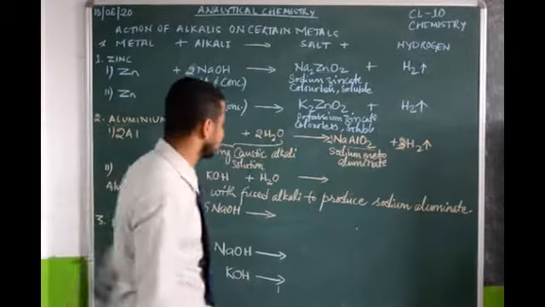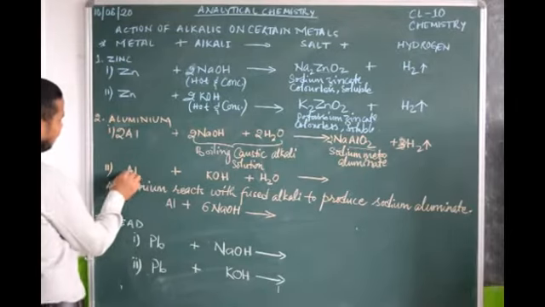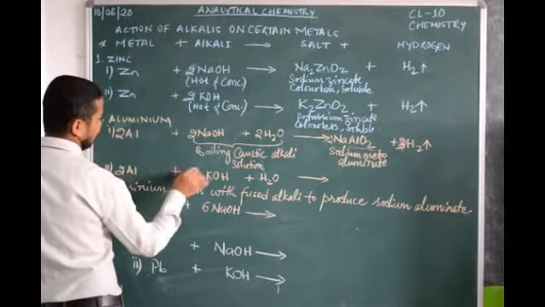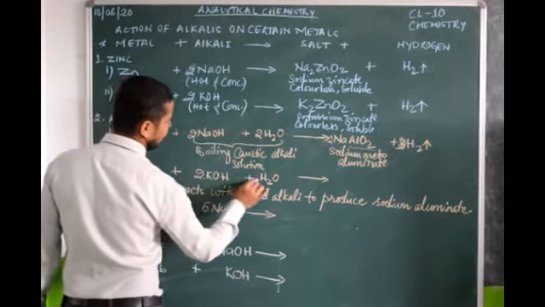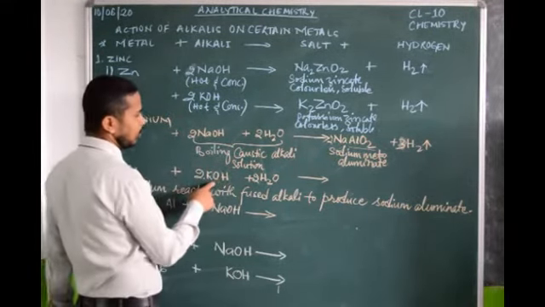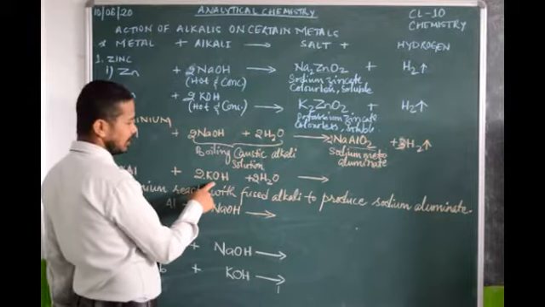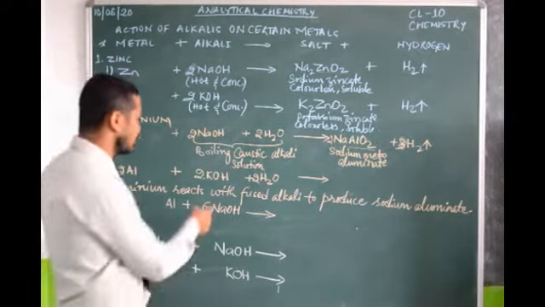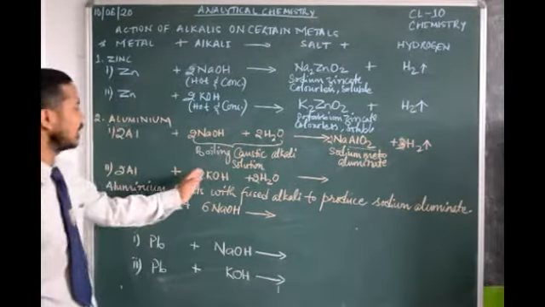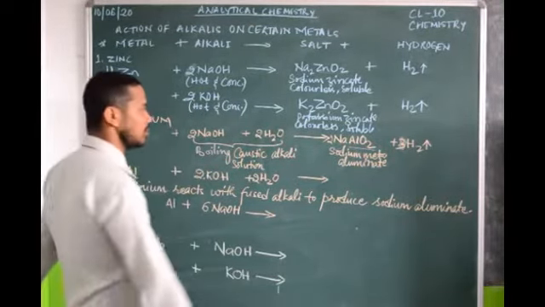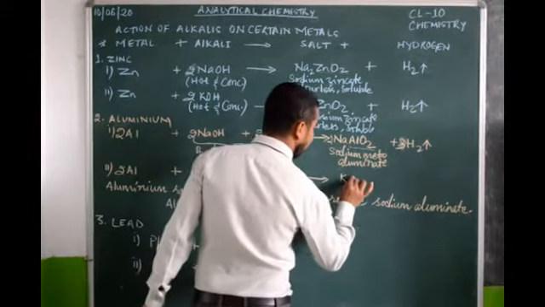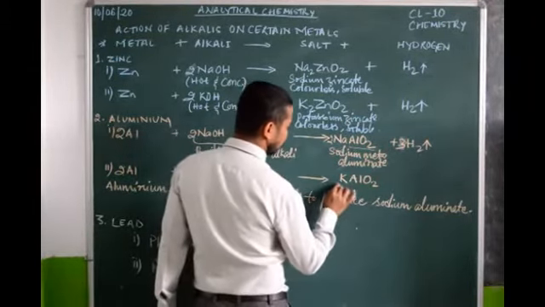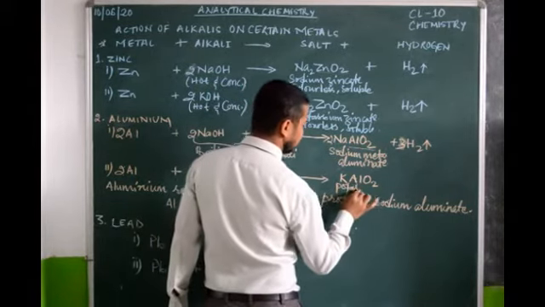plus hydrogen gas. Similarly, when aluminium reacts with 2KOH plus 2H2O, the same thing, boiling potassium hydroxide solution, we will get KAlO2. What is the name for this?